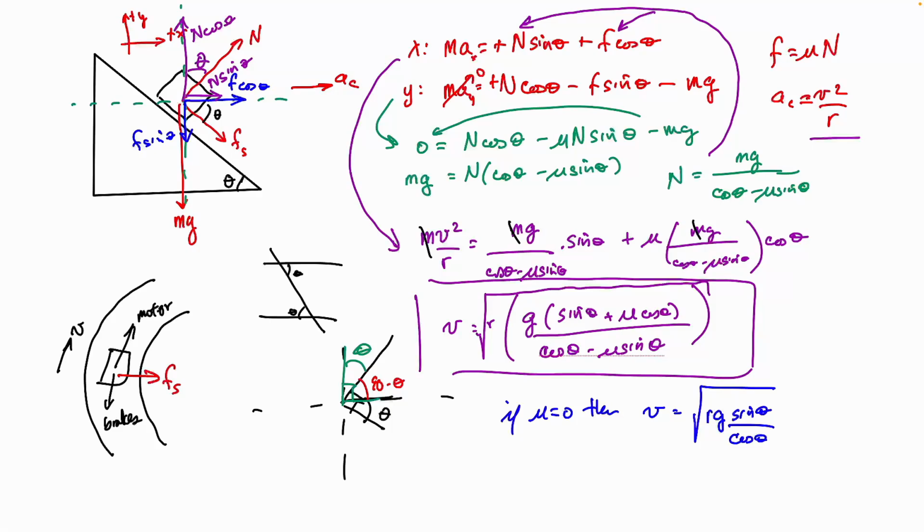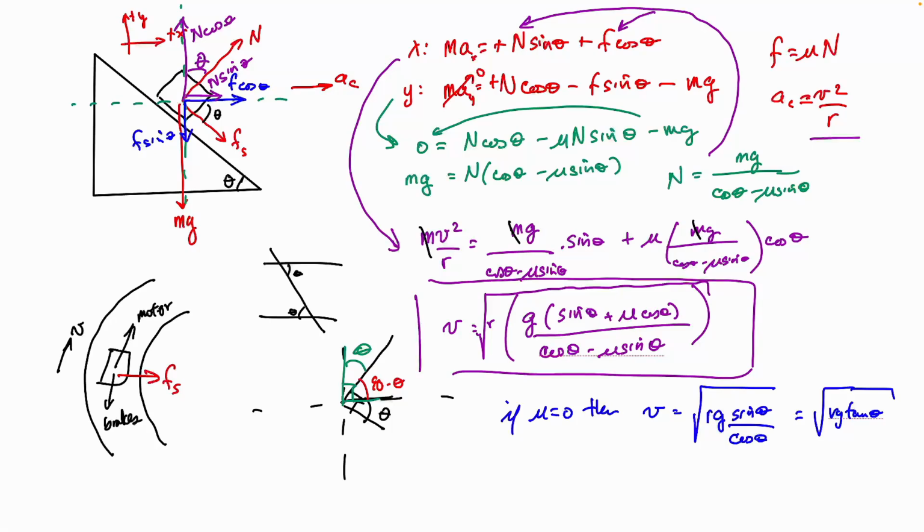What's sine over cosine? So for a given angle, not a zero angle, is there a speed that a car could stay in the turn, even if the friction goes to zero? Yeah, it's right there. It's rg tangent of whatever the angle is, right?